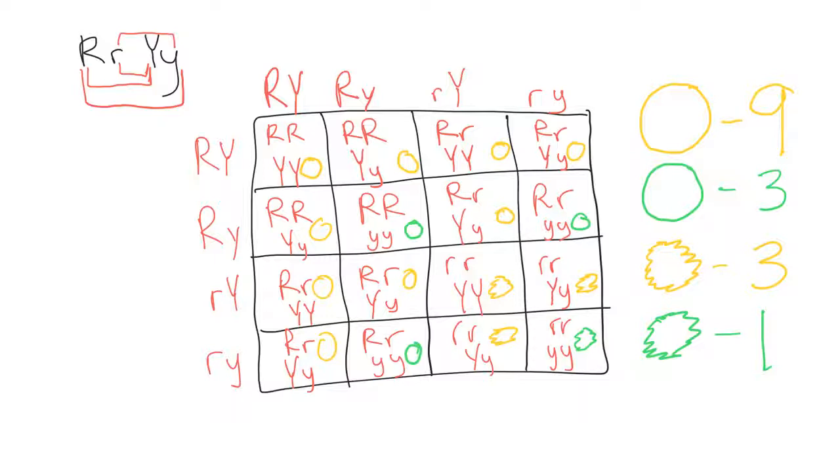And if you had a ratio different than this, then the genes would have to be doing something differently. We'll see some examples of that later. But if they're in a dihybrid cross and they follow this dominant recessive pattern and they're on different chromosomes, then this is the ratio you're going to expect.